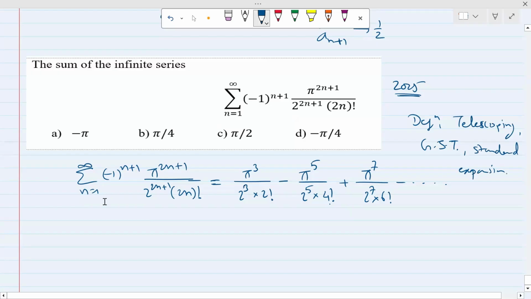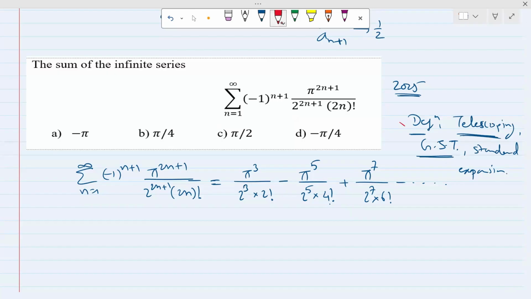So here you can observe it's not easy to compute sequence of partial sum, because it is not of the type geometric series. It is not of the type telescoping, and it's not easy to compute the sequence of partial sum. So you cannot apply any of this.